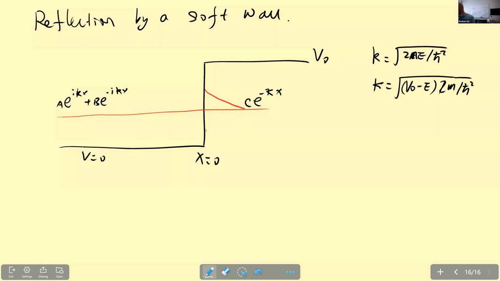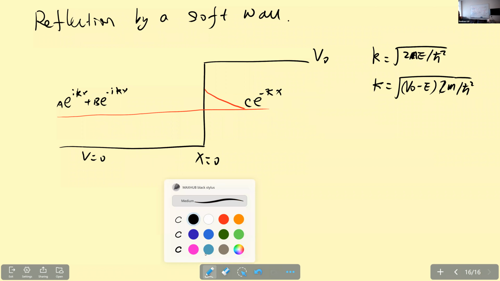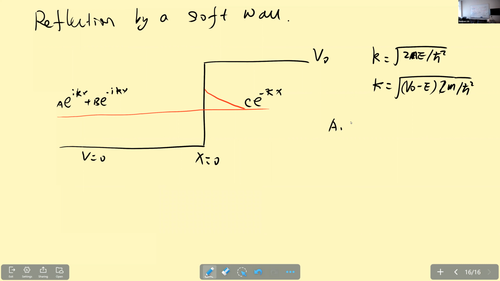And then you have the continuity conditions. So now you have three coefficients, A, B, C, and two equations. So ψ(0⁻) should equal ψ(0⁺). This gives you an equation: A plus B equals C. And then you have another equation, ψ′(0⁻) should equal ψ′(0⁺).